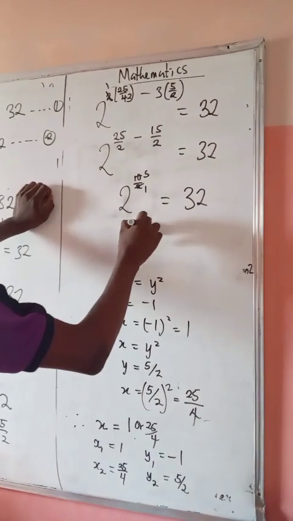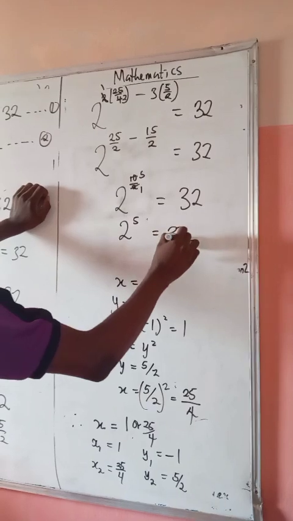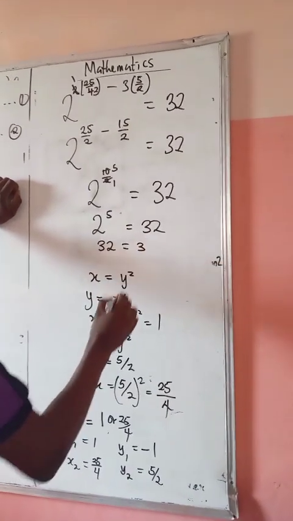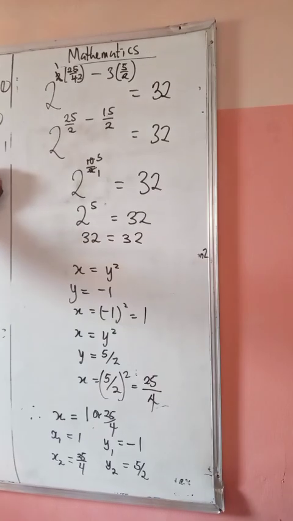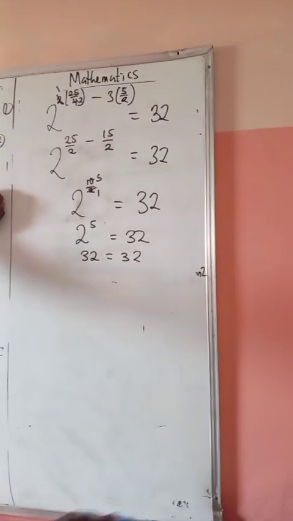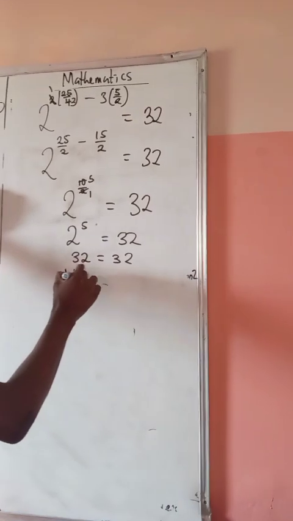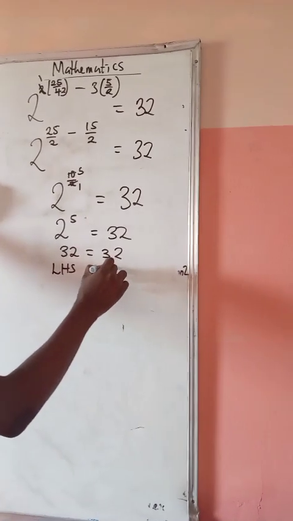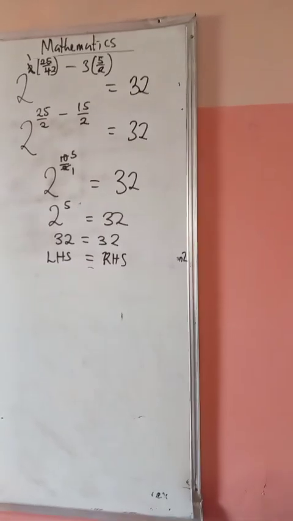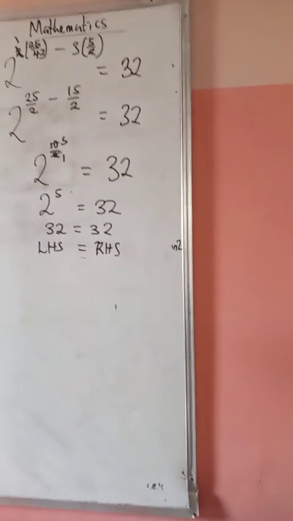So 2 to the power of 5 is equal to 32, and 32 is equal to 32. So what is on the left hand side is equal to what is on the right hand side. Now that has satisfied the first equation.